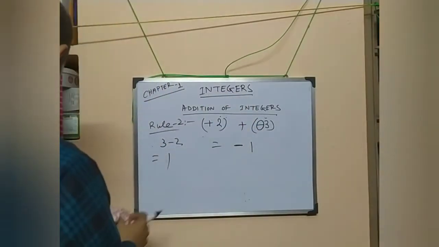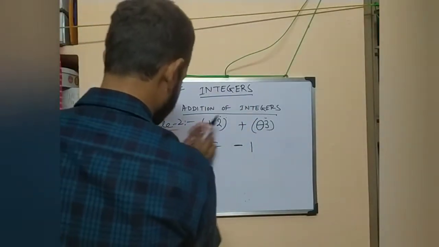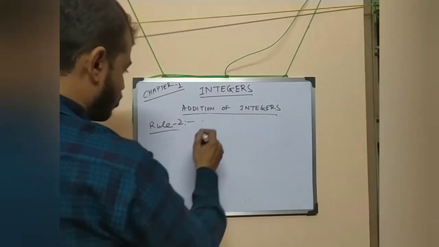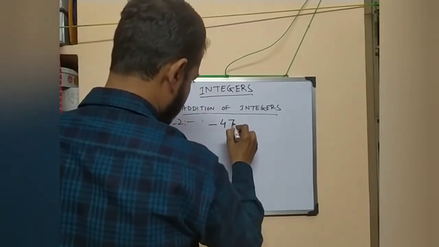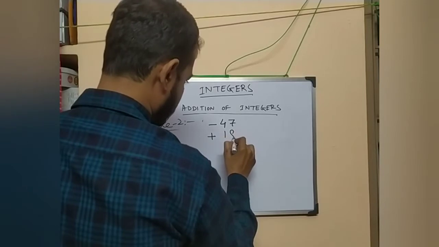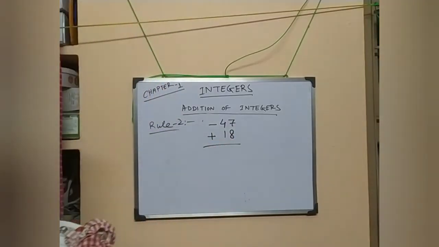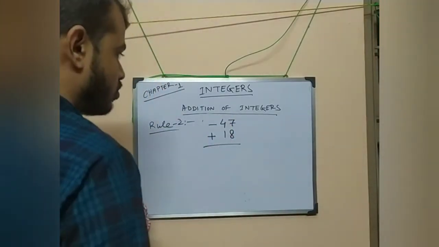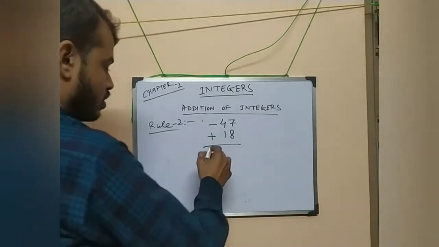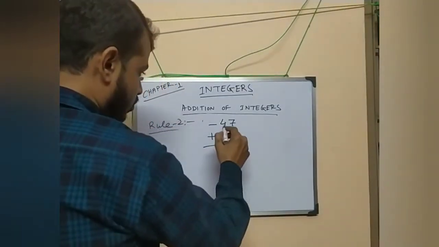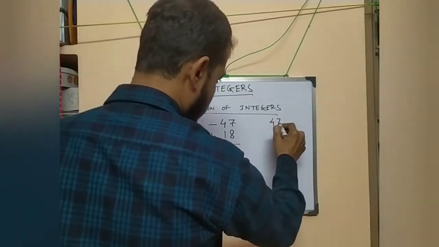See, minus 47 plus 18. We add these two integers, then we first take the difference from higher to lower.